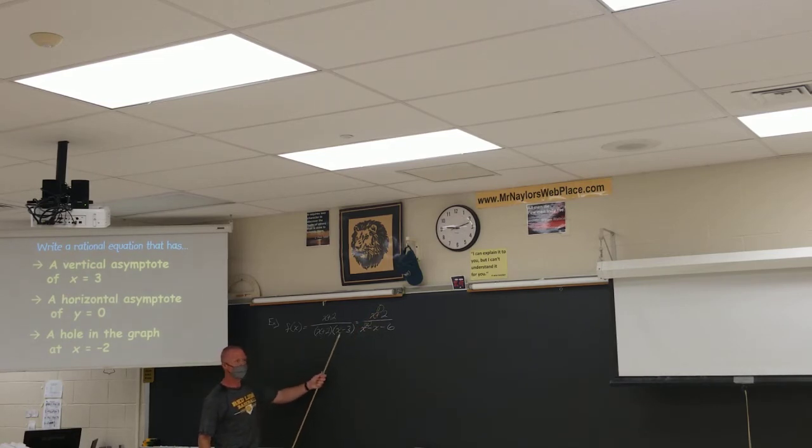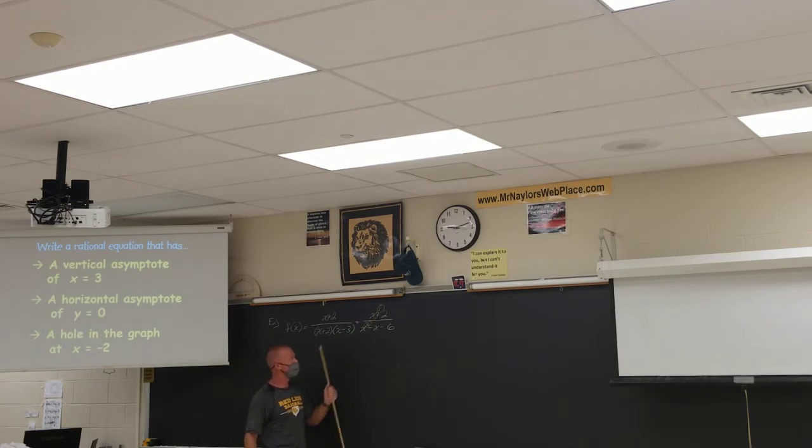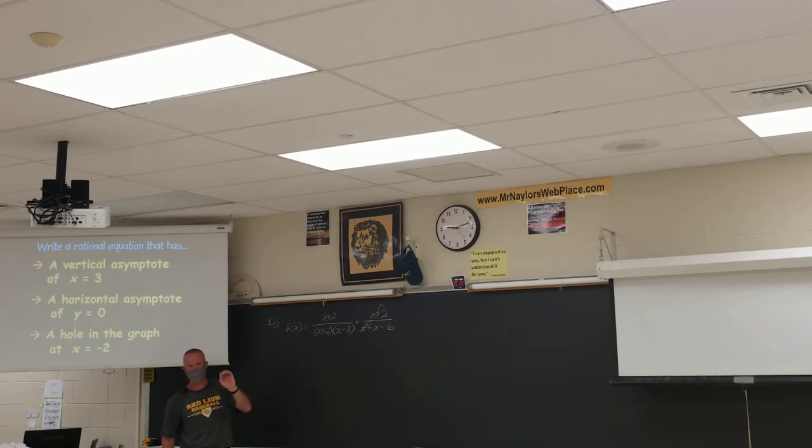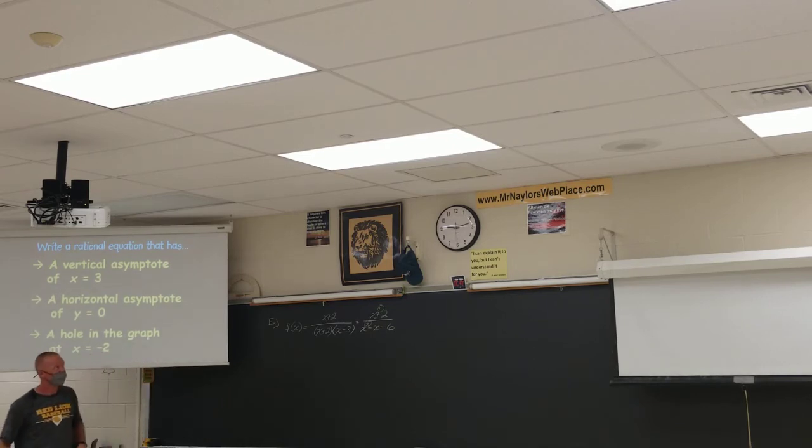Since the degree is 1 compared to 2, are you getting to know those rules? That would always be y equals 0. So it's already giving us what we want. Now, if you're saying, what if it's not what I want? Well, you're going to see that in the next example. We might have to do a little adjusting.